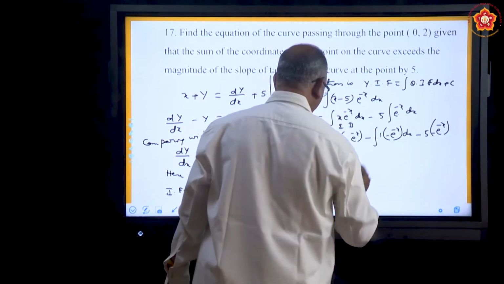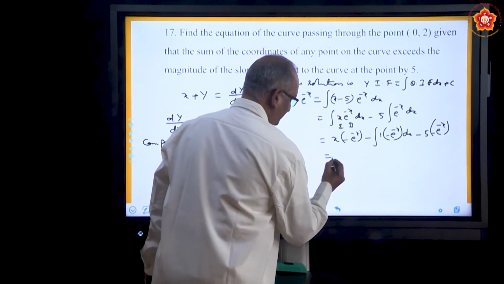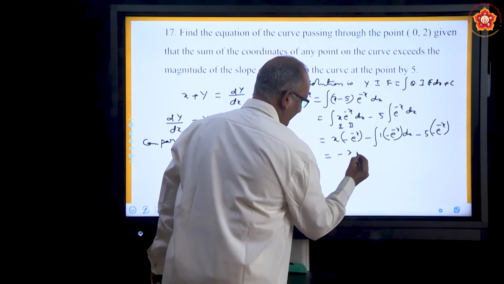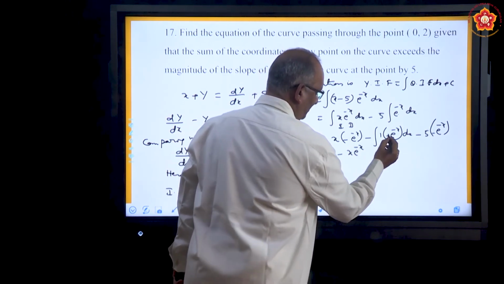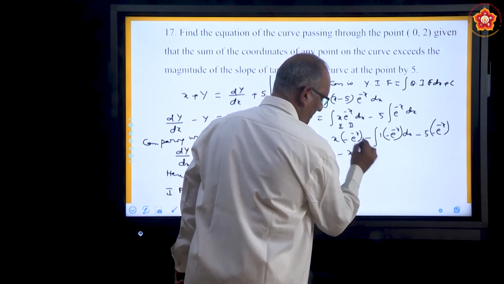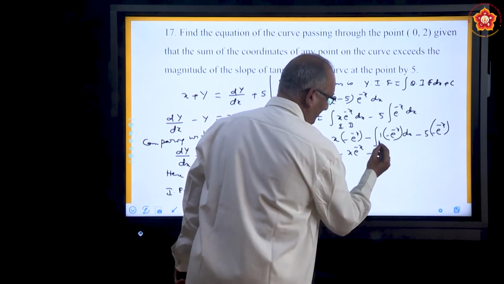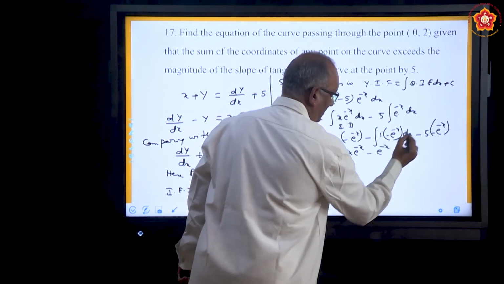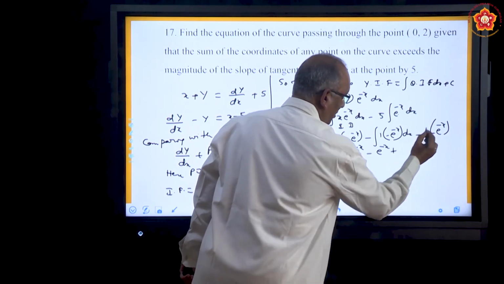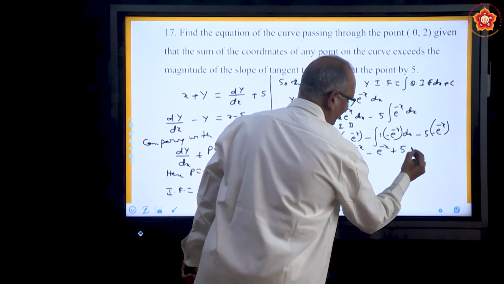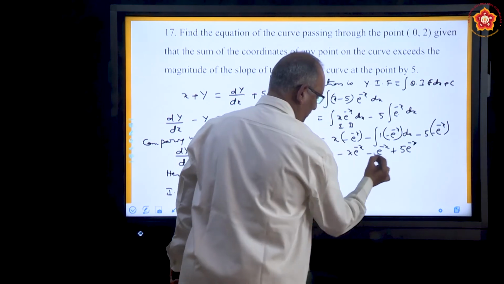Simplify this also. This can be written as minus x e to the power minus x, minus into minus will become plus, but when you integrate this again you will get minus, and that is plus 5 e to the power minus x.